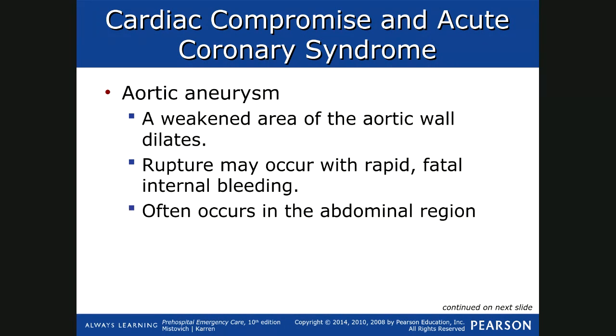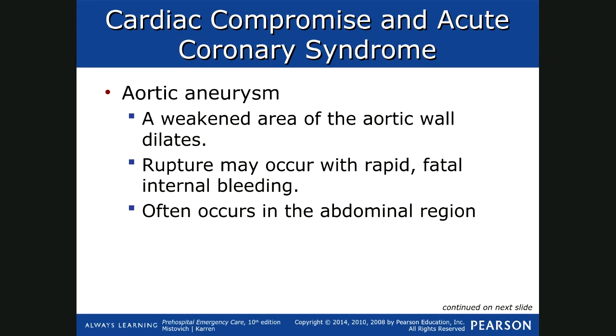All right, so an aortic aneurysm: typically you have either a thoracic aneurysm or an abdominal aneurysm. Your aorta is a very, very thick-walled vessel because, again, it has to carry blood a long way.